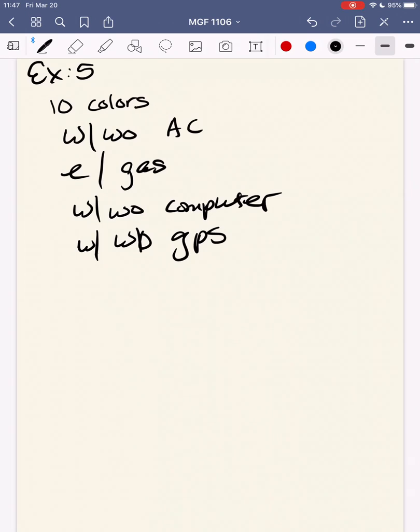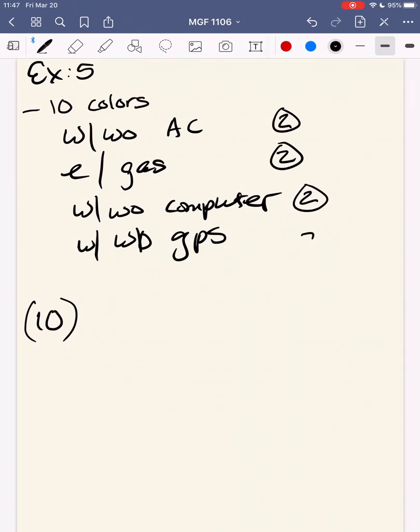First we're going to look at the fact I can order this car in 10 colors. So 10, my first number. Now, every other one of these I have 2 choices, with or without. So each of these has 2 choices I can choose from.